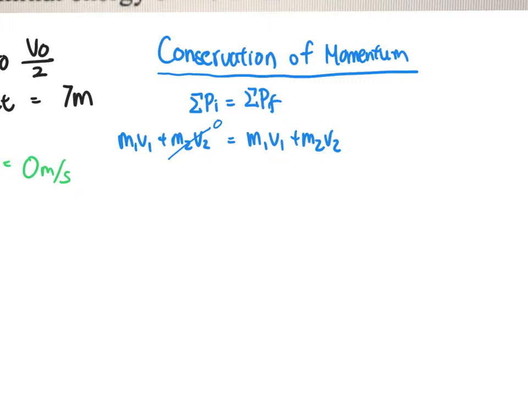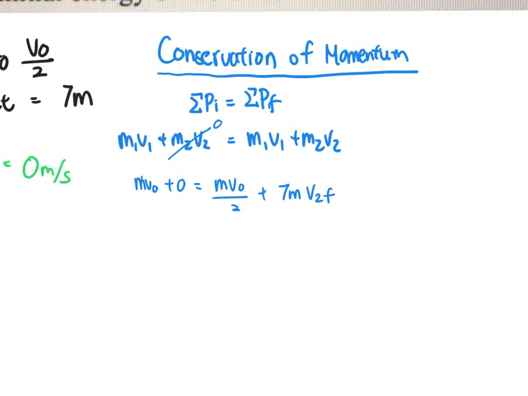So m v naught plus 0 equals m times v naught over 2 plus 7m v2 final. Once again, that's because this side is your final side, and this side is your initial side, remember.